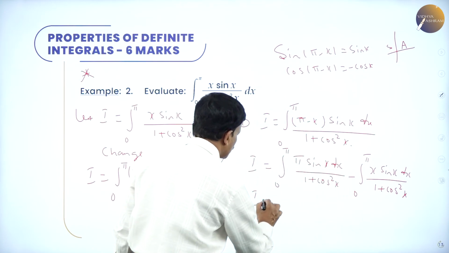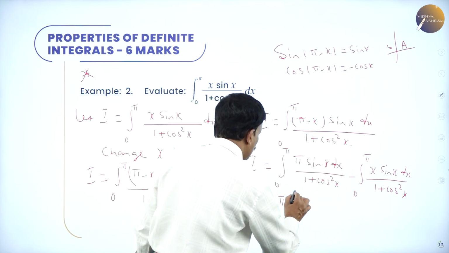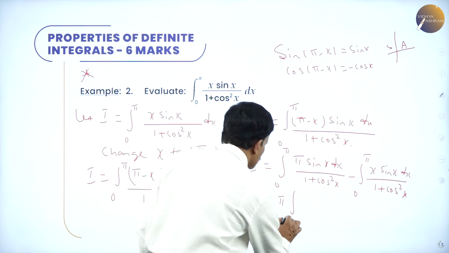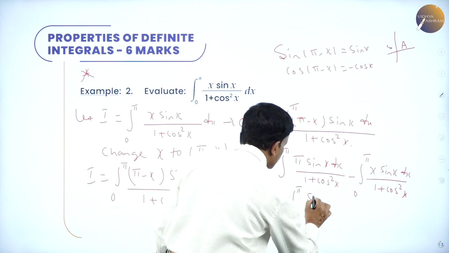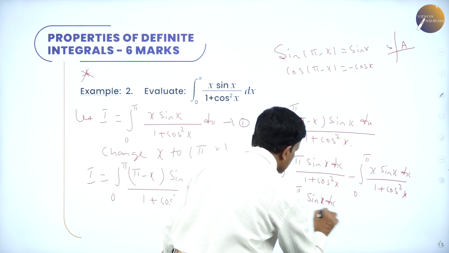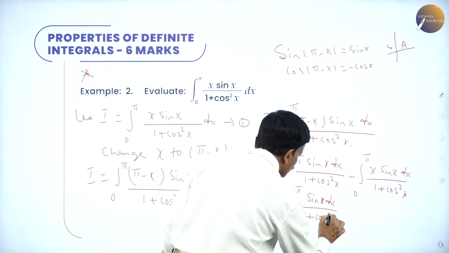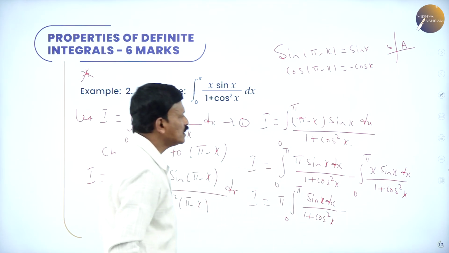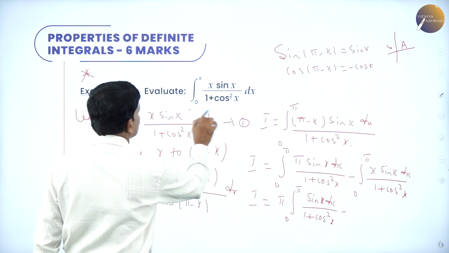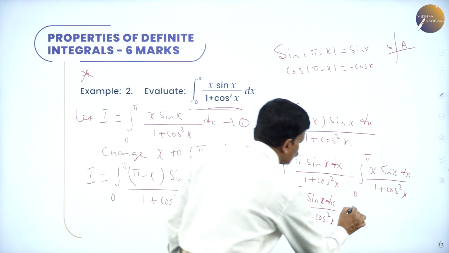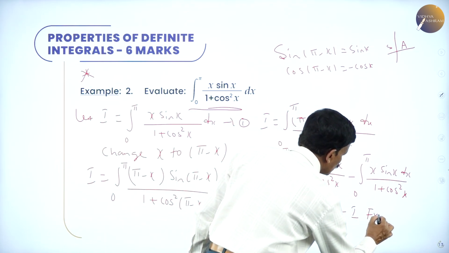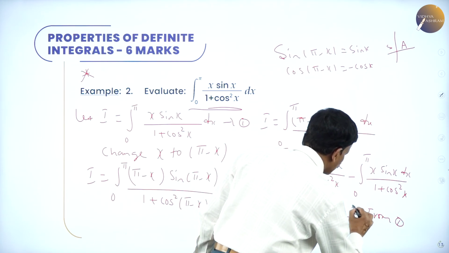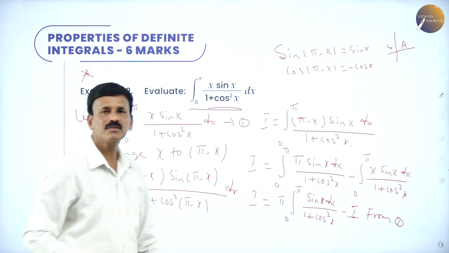Now this can be written as I is equal to pi out, integral 0 to pi sine x dx divided by 1 plus cos square x, minus x sine x by 1 plus cos square x, which is nothing but I, from equation number 1. Now just evaluate, you will get the answer.